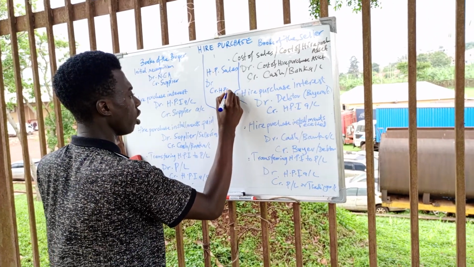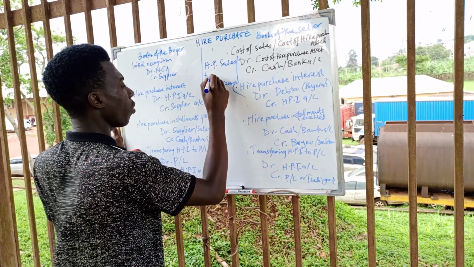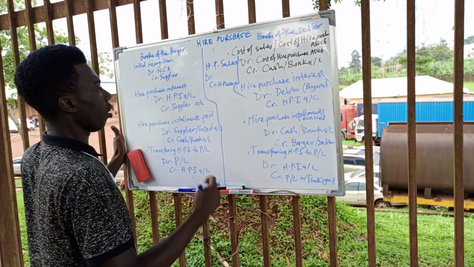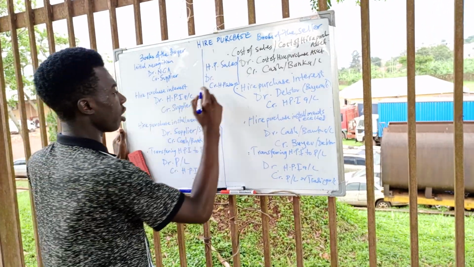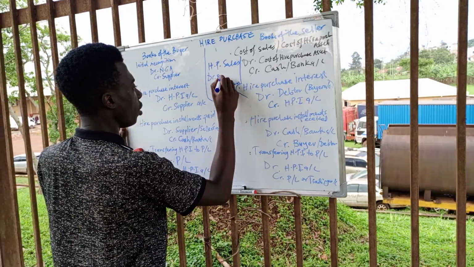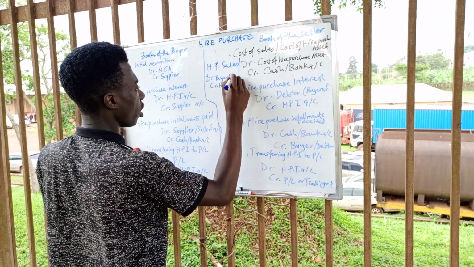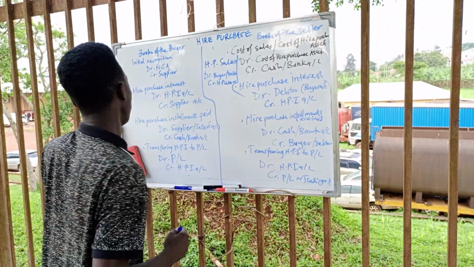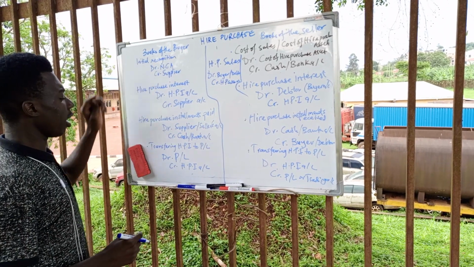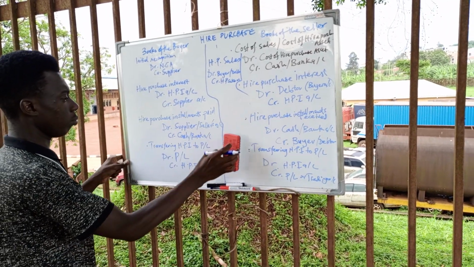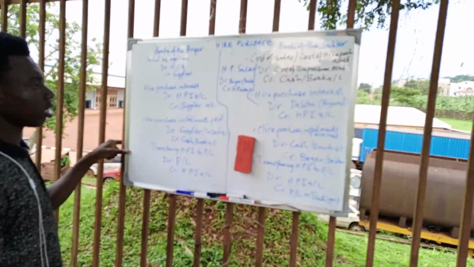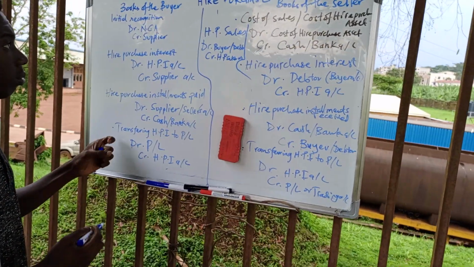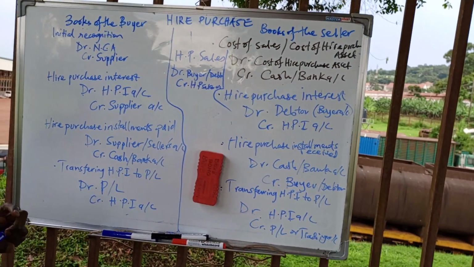Then you recognize that the debtor is increasing. We are selling, but we are just hiring that machine to the debtor, so you debit the buyer, the debtor. Then in the books of the buyer, he is supposed to cater for depreciation: debit depreciation, credit accumulated depreciation.